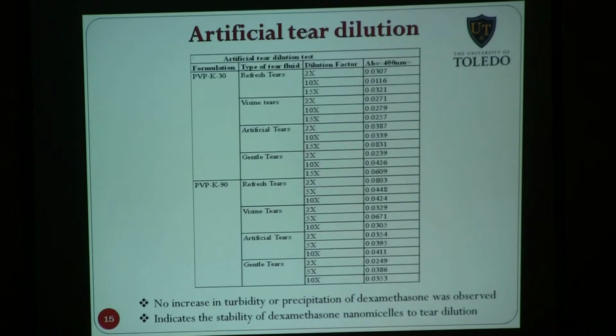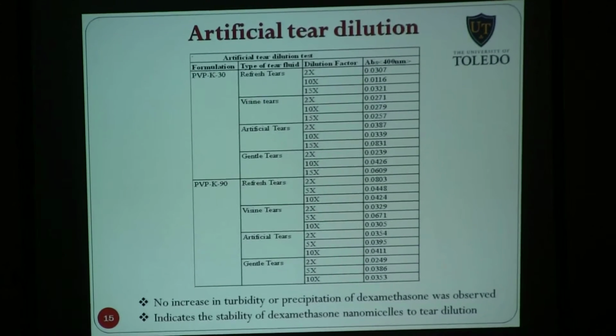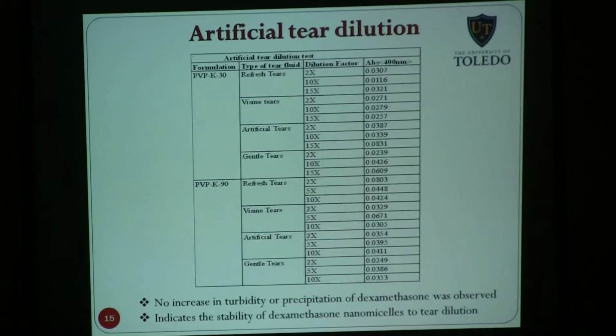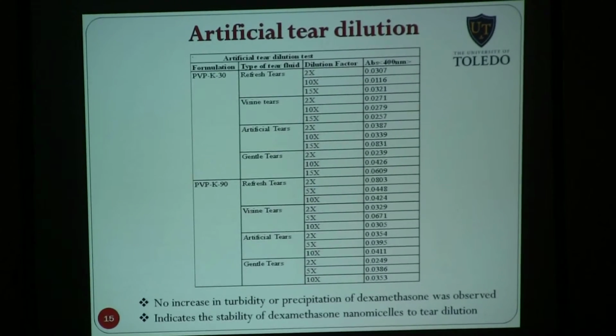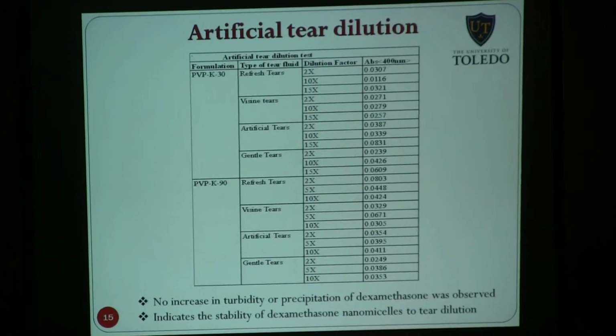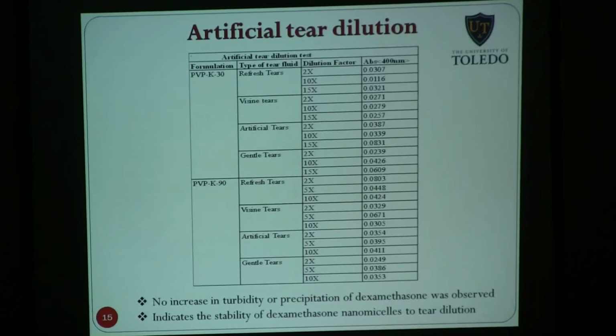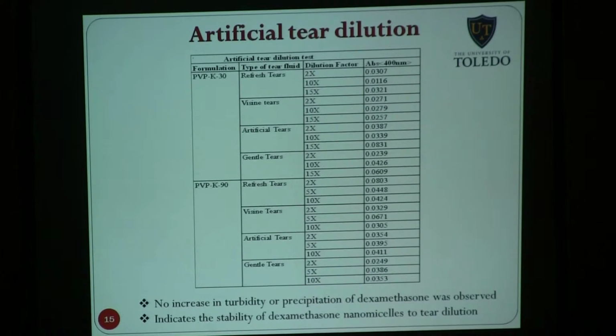So in order to check the stability of nanomicelles in presence of artificial tear fluids, we have diluted the basic formulation with various artificial tears in different dilution factors like 2x, 10x, as well as 15x. And if you look at the absorbance values here, they are pretty much less than 0.1, which indicates that the nanomicelles are stable in presence of tear fluids.